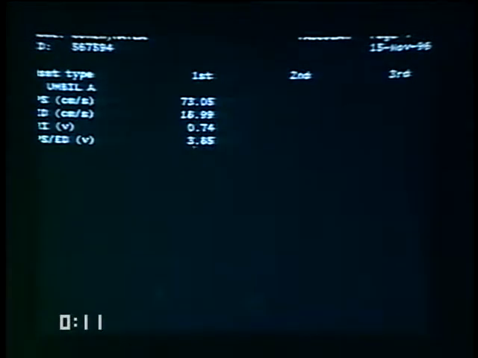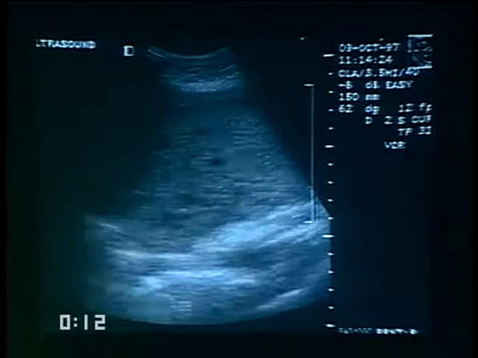And it's showing you the ratio up here again, 3.85. So that's an example of an abnormal systolic to diastolic ratio, suggesting the possibility of IUGR. This will be case 10.